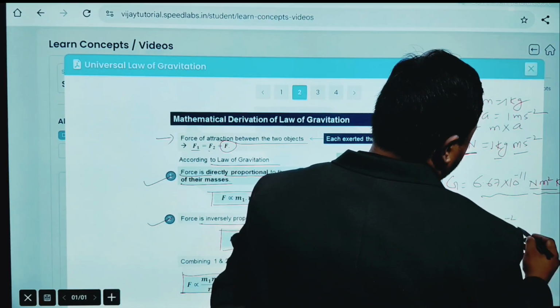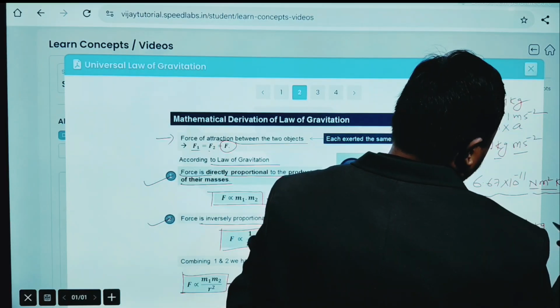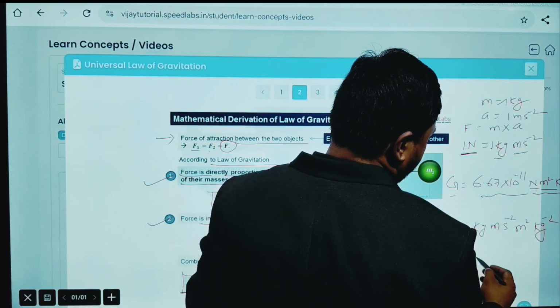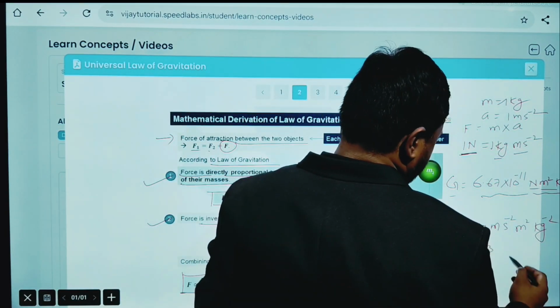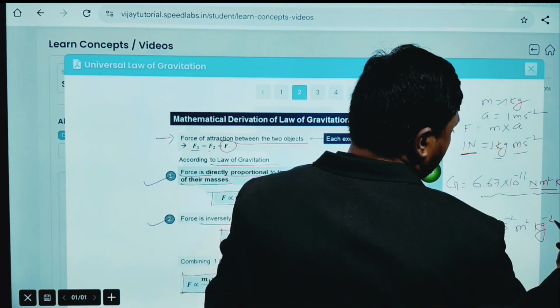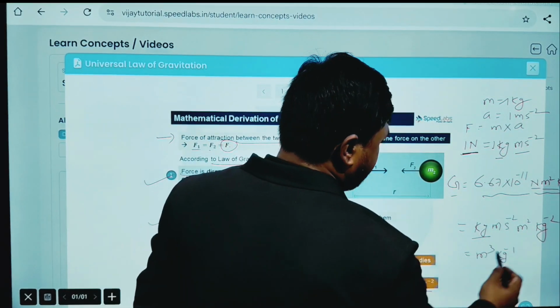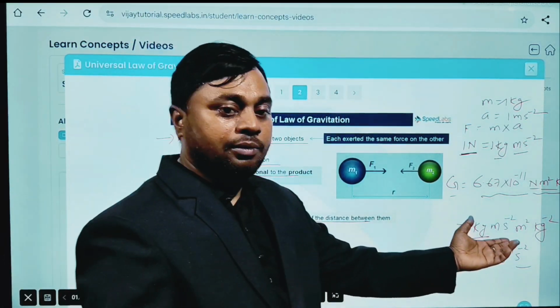Yes or no? And here meter square per kg square. So you can see here meter and meter square become meter cube. That's why meter cube is there. Kg and kg to the power minus 2 become kg to the power minus 1. Yes or no? And we get per second square. So this also you should remember, not an issue.